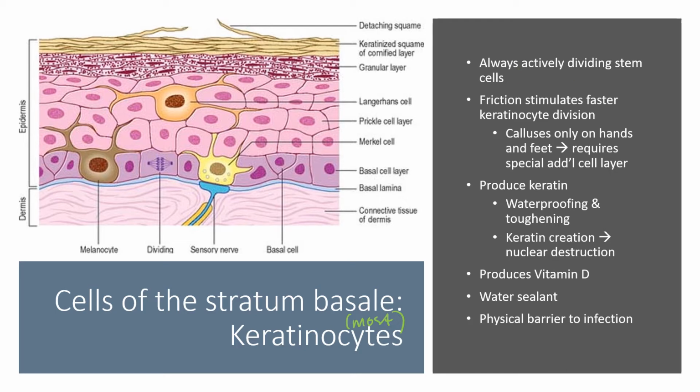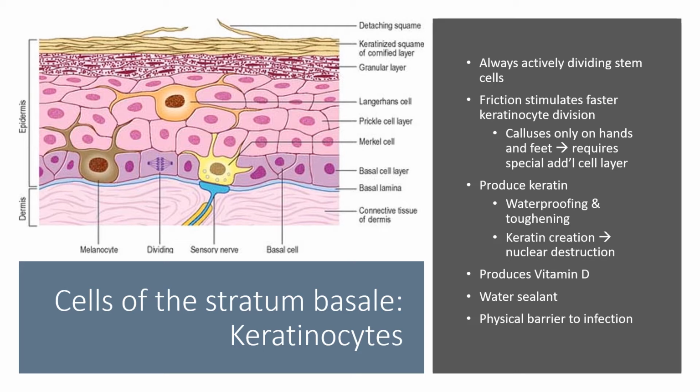So the more you actually use a certain patch of skin, the faster these guys will divide. And when they divide, they push the old cell up. So the newest cells stay on the bottom and they push the old cells up towards the surface. Okay? Now, all of your skin will do this to an extent.